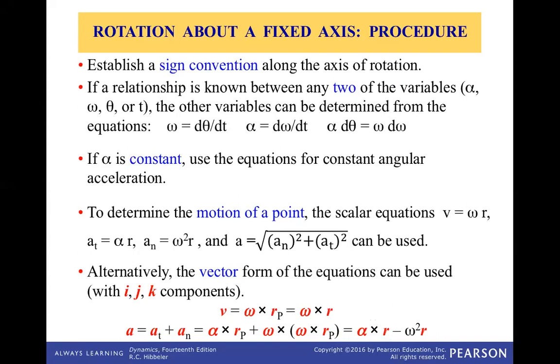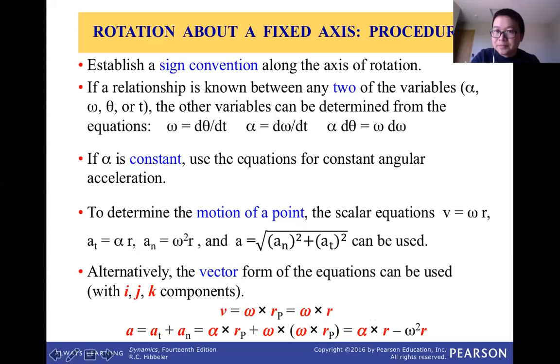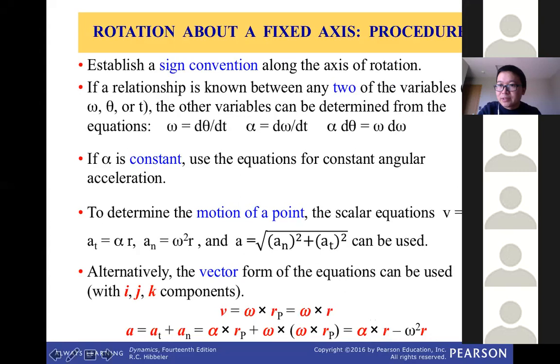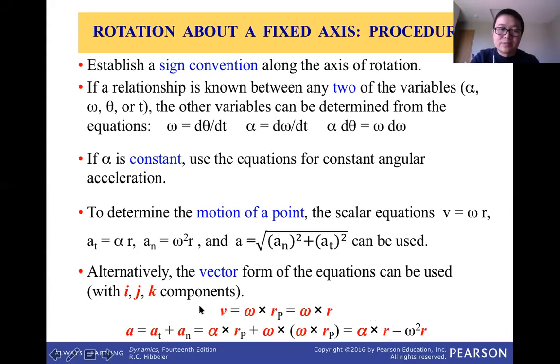Okay, so the acceleration. Let me pull this up. Okay, so we would have acceleration equal to alpha cross r minus omega squared r.